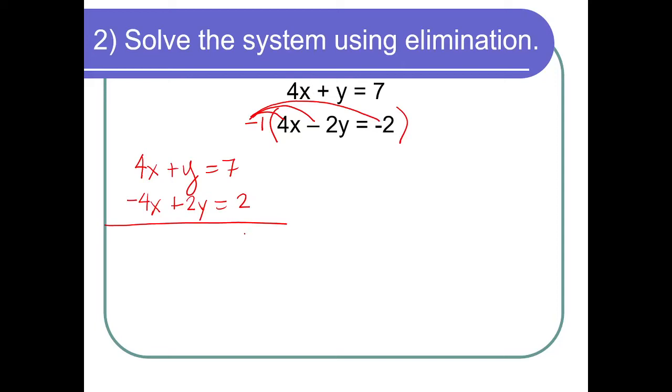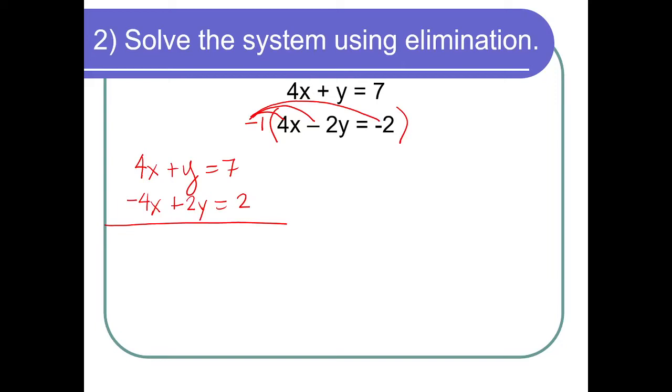So our goal now is, dapat we should have variables na may opposites. If they have the same coefficient, just like in this example, 4x and 4x, but both are positive or both are negative, then multiply -1 to either equation 1 or equation number 2.